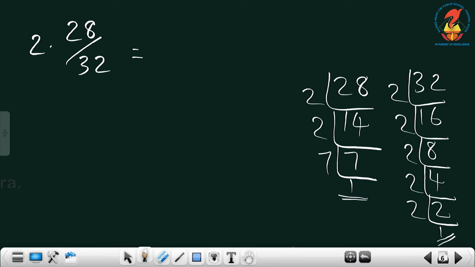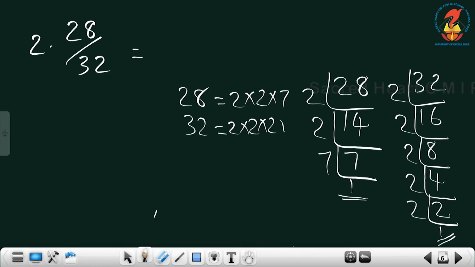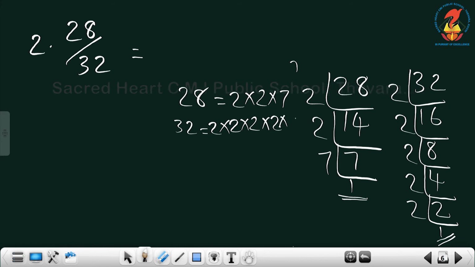Is it clear? Can you tell me all the factors of 28? 2 into 2 into 7. Okay, and 32 is what? 2 into 2 into 2 into 2 into 2.